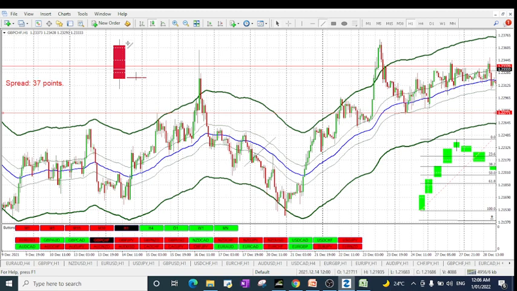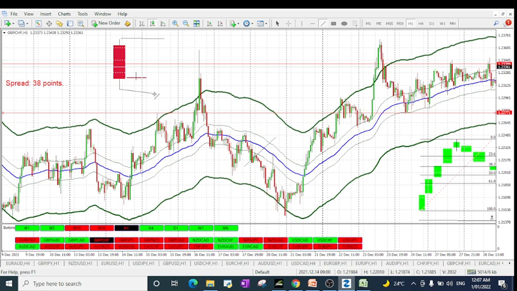From my work, the probability of this next candle opening here and taking out this high is something like 9 or 10%. So 90% of the time, this high is not going to get hit.